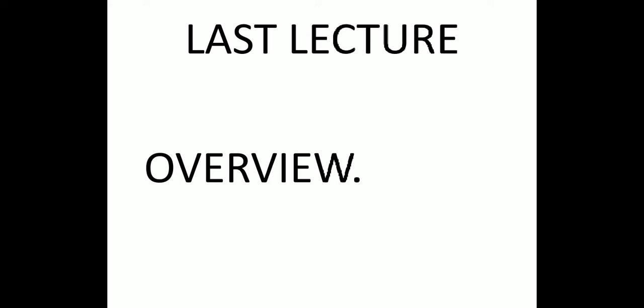Yes, firstly, we learned chapter 3 from part 1, that is goodwill. Of course, then chapter 4, which is reconstruction of partnership. Reconstruction of partnership taught us the concept of sacrificing ratio and gaining ratio.